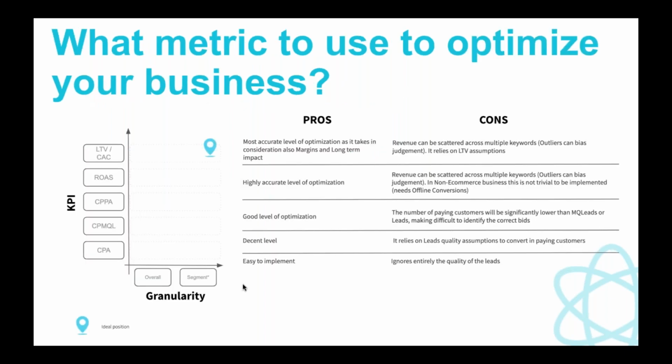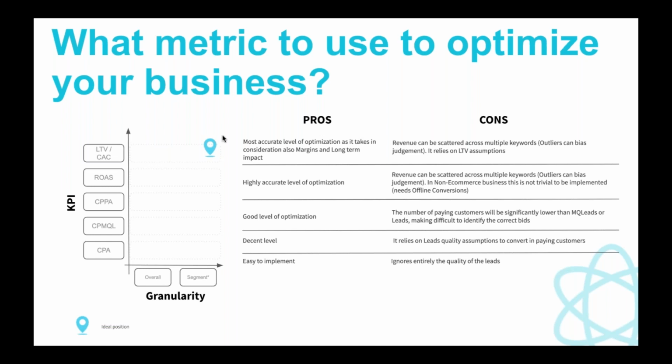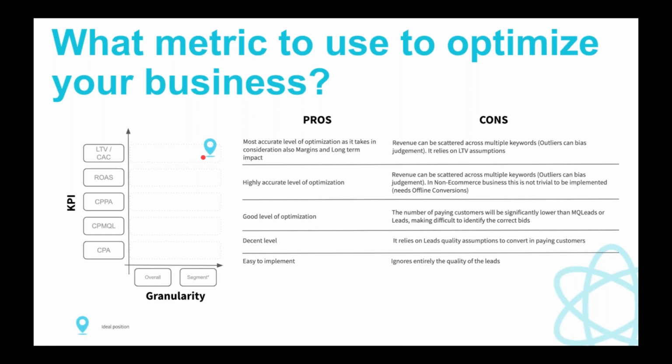Now, in this little graph here, I'm trying to give a summary of the situation. So obviously, in the ideal scenario, we are up here in the ideal position where we are optimizing by the most sophisticated metric, LTV divided by CAC, and we're doing that not at overall level.